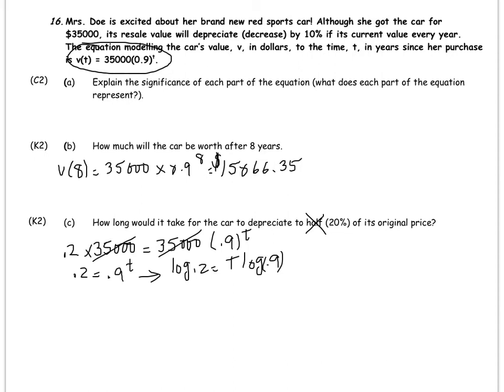I divide by log 0.9, so I get t is log 0.2 divided by log 0.9. If you use your calculator and simplify this one, then you get about 15.28 years. Something between 15 and 16 years.